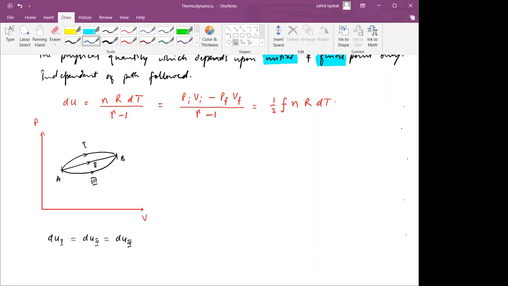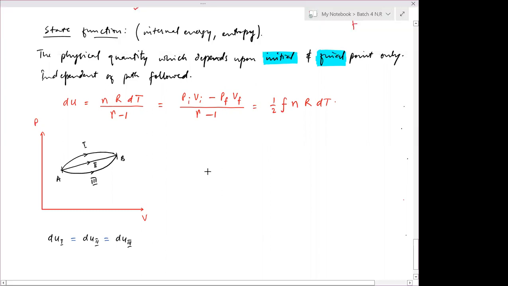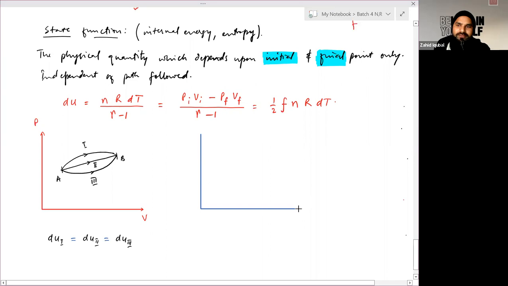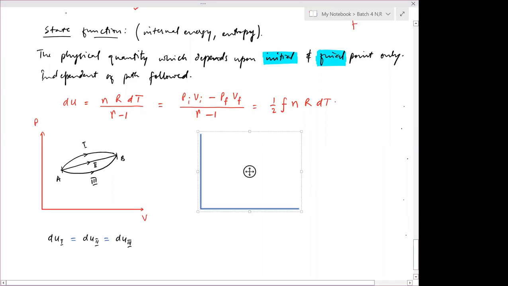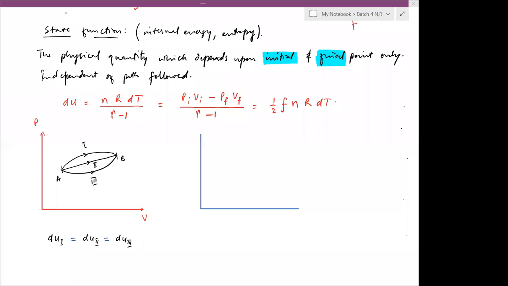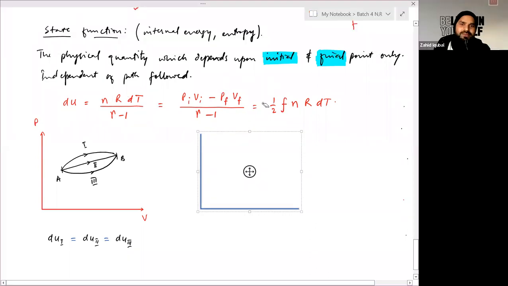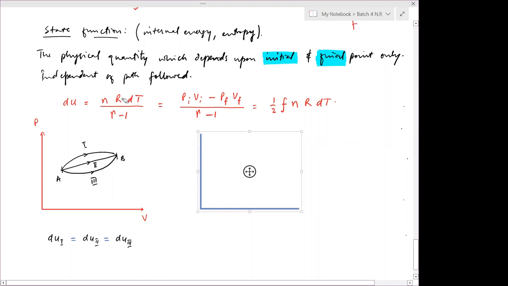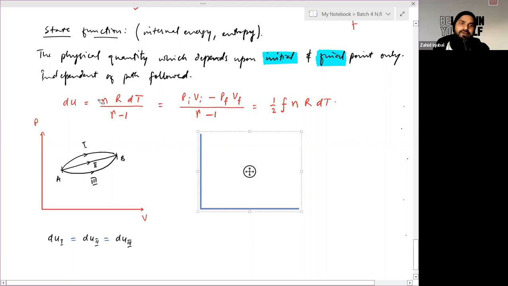Gautam, any doubt? So how did we get these formulas? Which one? The three formulas. This one, this one, this one. I will explain to you later according to different processes. Just remember here how to calculate change in internal energy according to the given terms.